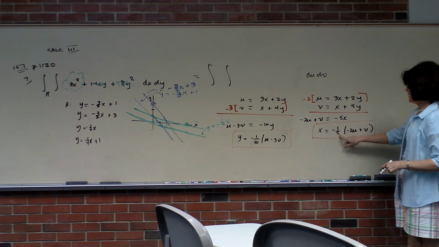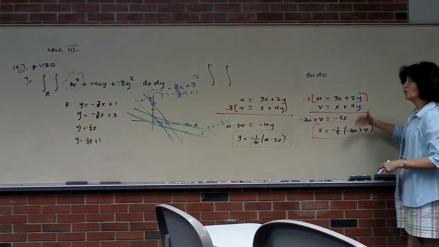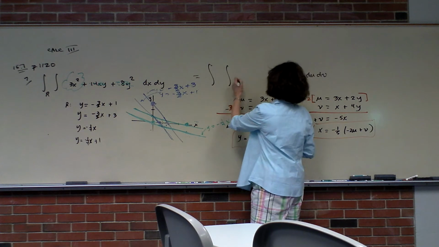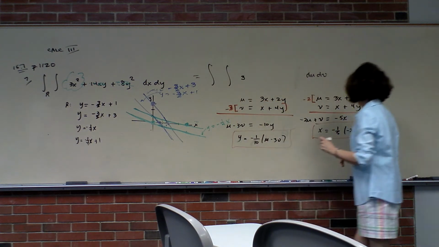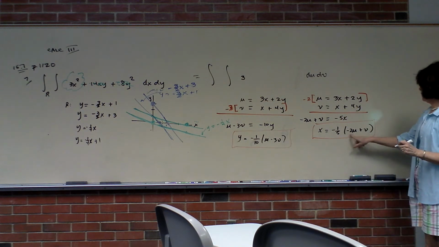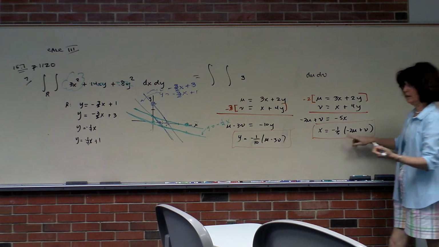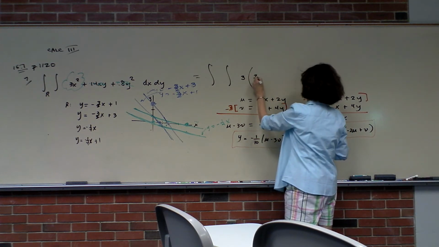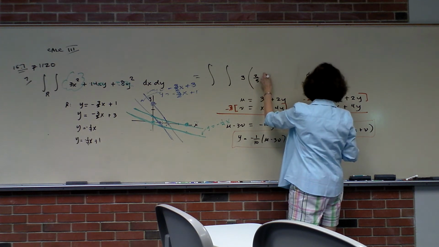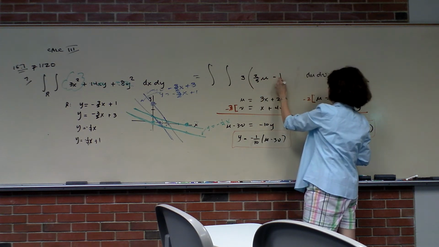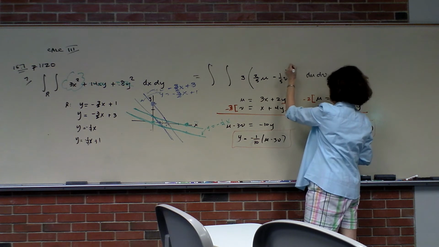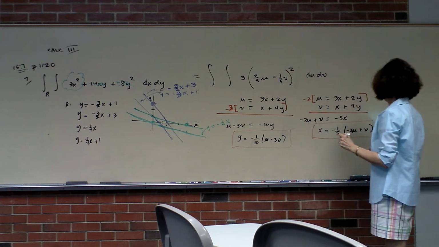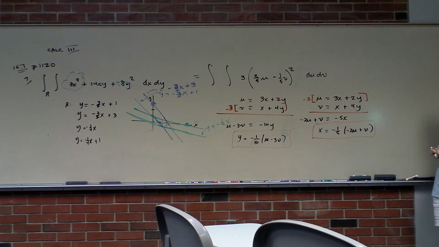So it's 3 times this squared. See what I'm saying, Michael? Let's just make it 2/5 u minus 1/5 v. Okay, that would be 3x squared.